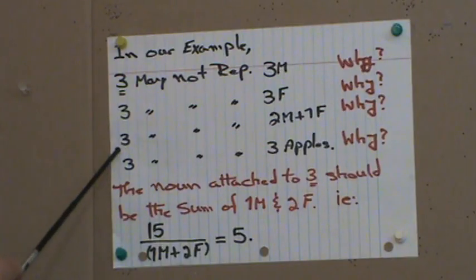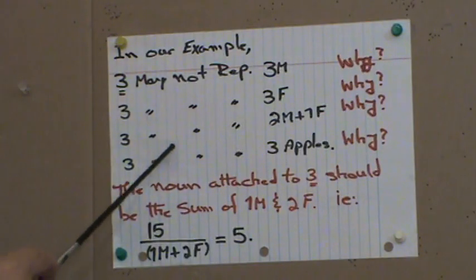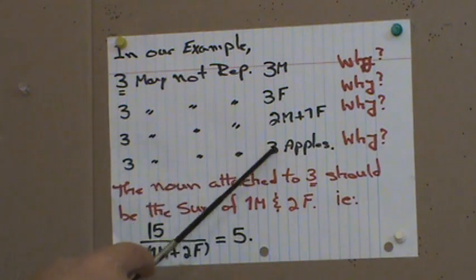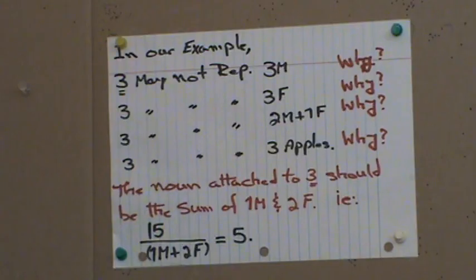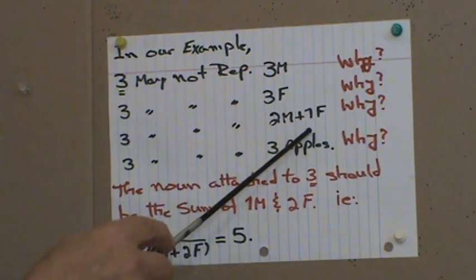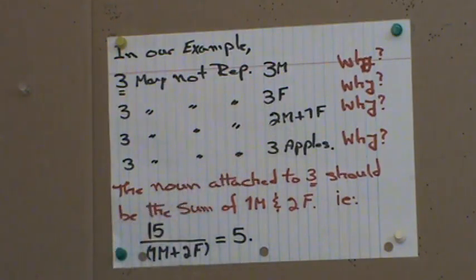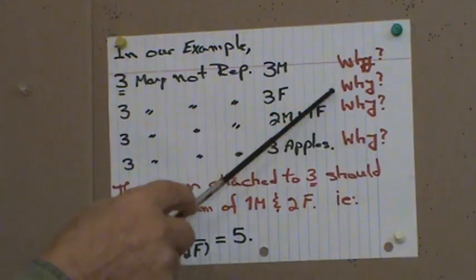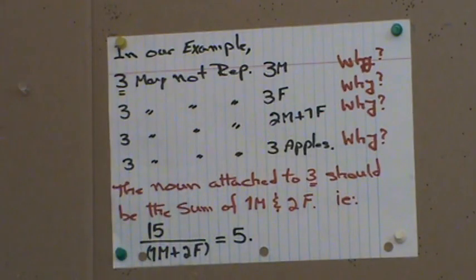Now the other question that comes up is how do we know that 3 may not represent, let's say, 2 male and 1 female? Why should it be 1 male and 2 female? The answer is that if this is the case, then when we multiply by the quotient, which is 5, we get 5 times 2, which is 10 male, and 5 times 1, which is 5 female.